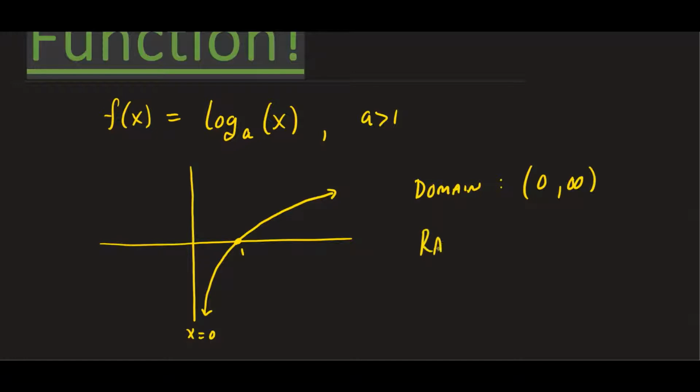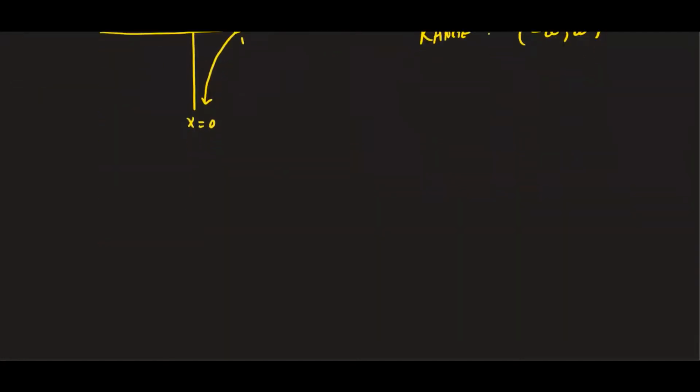And the range of this function is all real numbers, so it's negative infinity to infinity. Based on that knowledge, the domain of a logarithmic function is the set of all positive real numbers. So how do we find the domain of a more complicated logarithmic function?